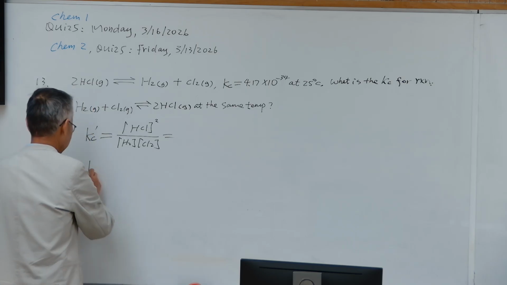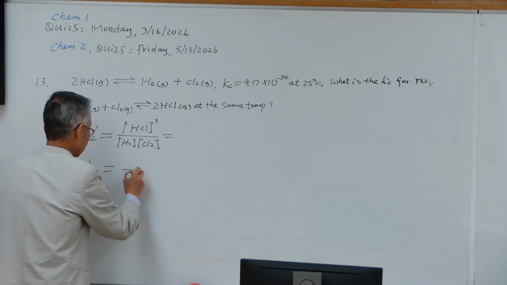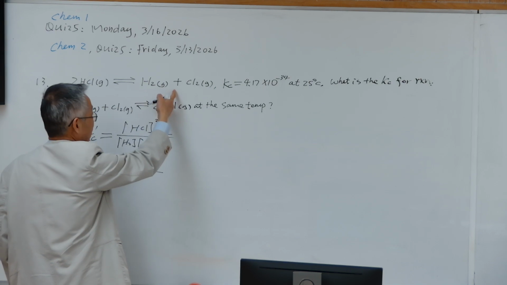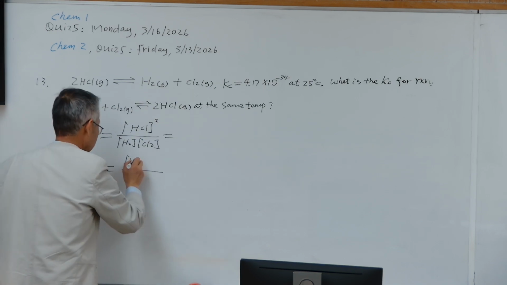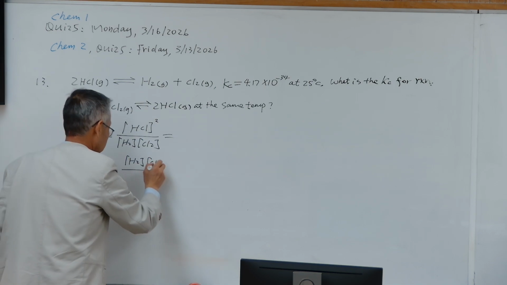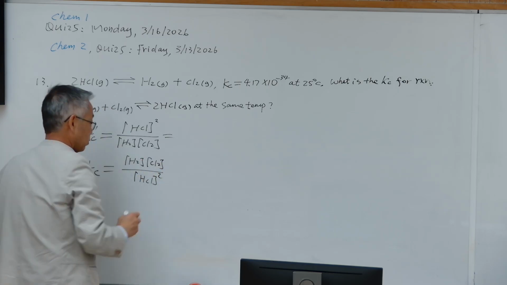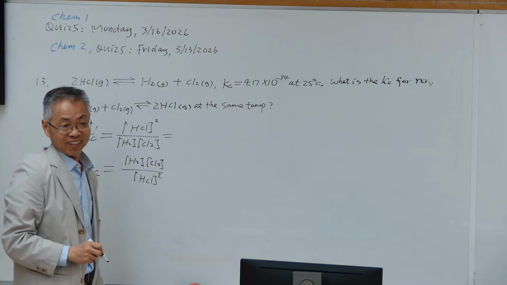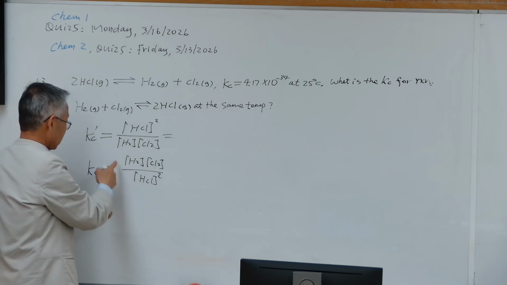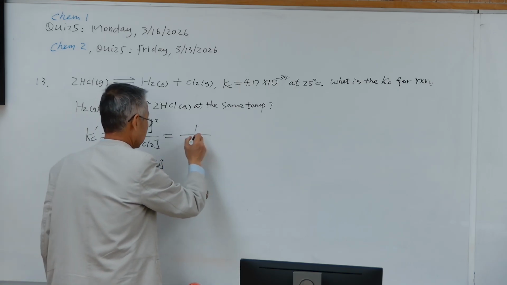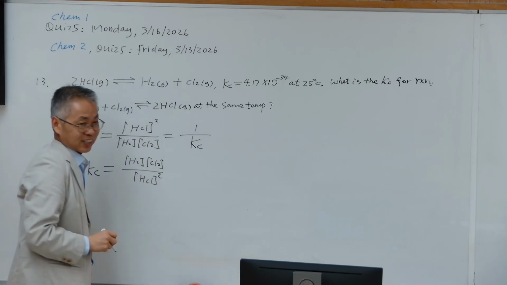Where Kc equals what? Kc is for this one, right? So H2 Cl2 on top and HCl second power on the bottom. So you find their relationship: this is equal to the reciprocal of Kc, right?